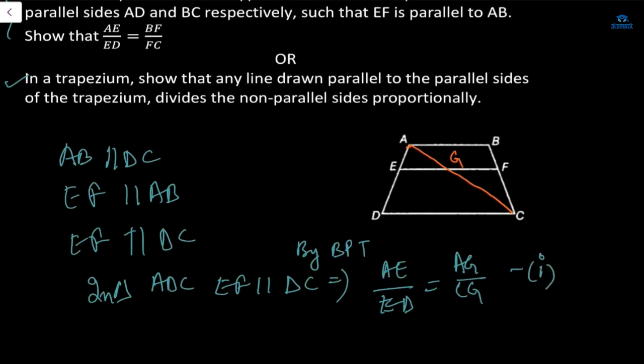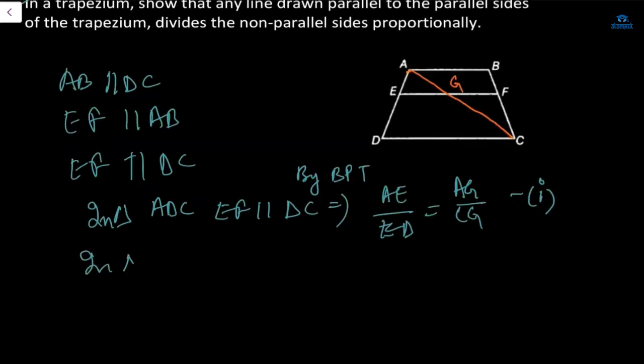Now again in triangle ABC, FG is parallel to AB. You write G only here because this is a part of the parallel line.